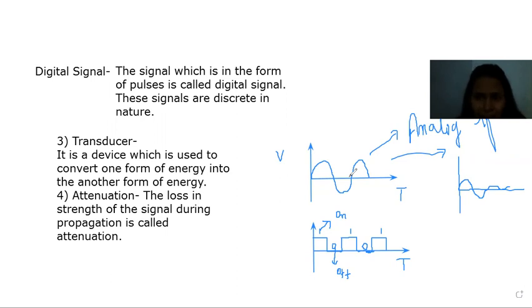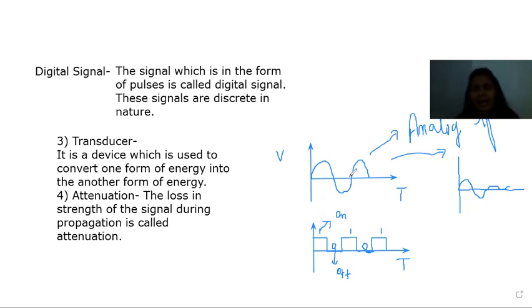After that, the strength of that electrical signal decreases. So during propagation, when some noise is added to the electrical signal and its strength decreases, that loss in the strength of the signal during propagation is called attenuation.